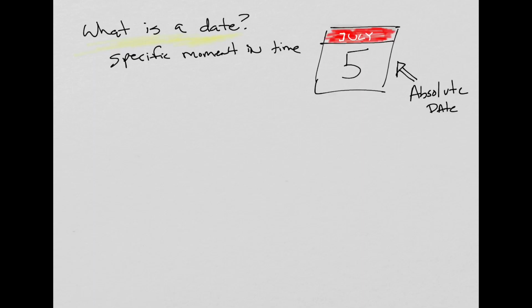So even though I may say we're trying to get a date on something, really we're trying to find out its age. And in the case of a relative date, we're trying to find out its age relative to something else.